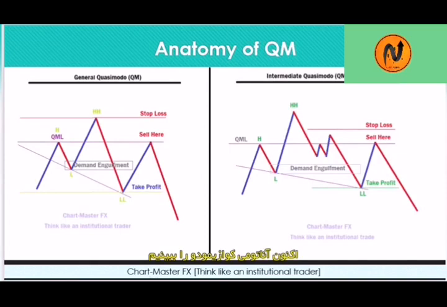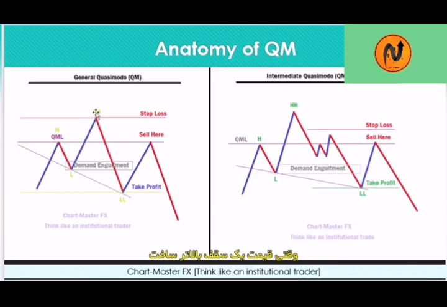Now we are going to look at the anatomy of the Quasimodo. Basically, as we were saying, we have the general Quasimodo. On the general Quasimodo, you can see that the price is rallying here, and the price drops, and the price rallies. You can see that this high was actually engulfed, and the price created a higher high.